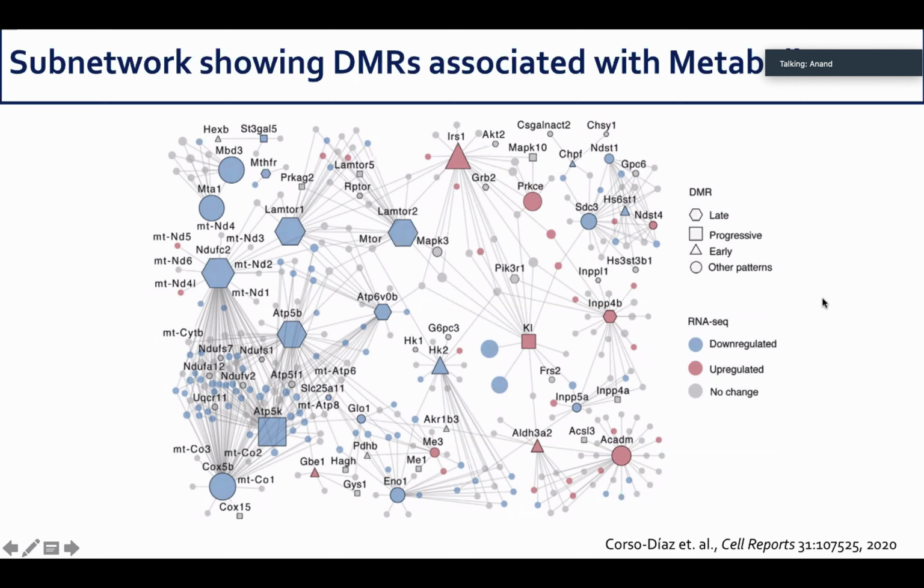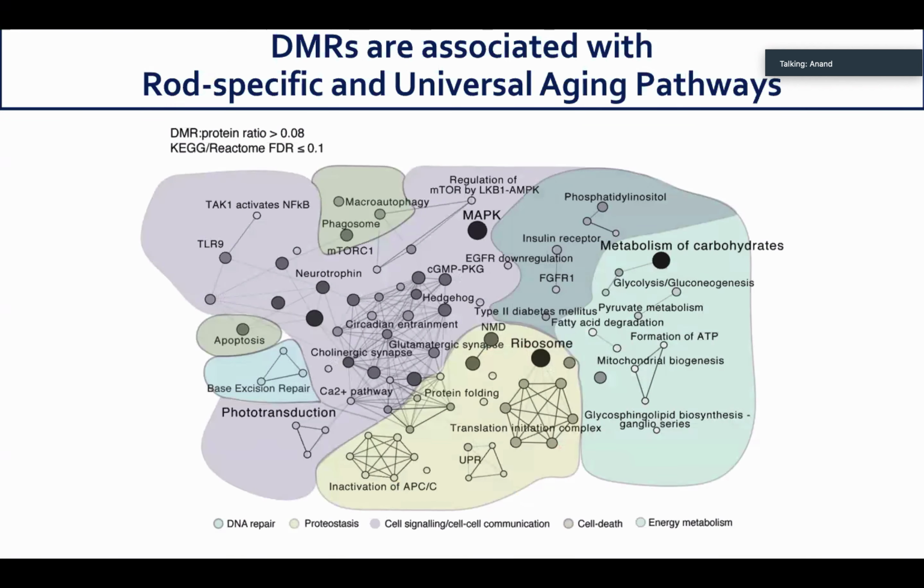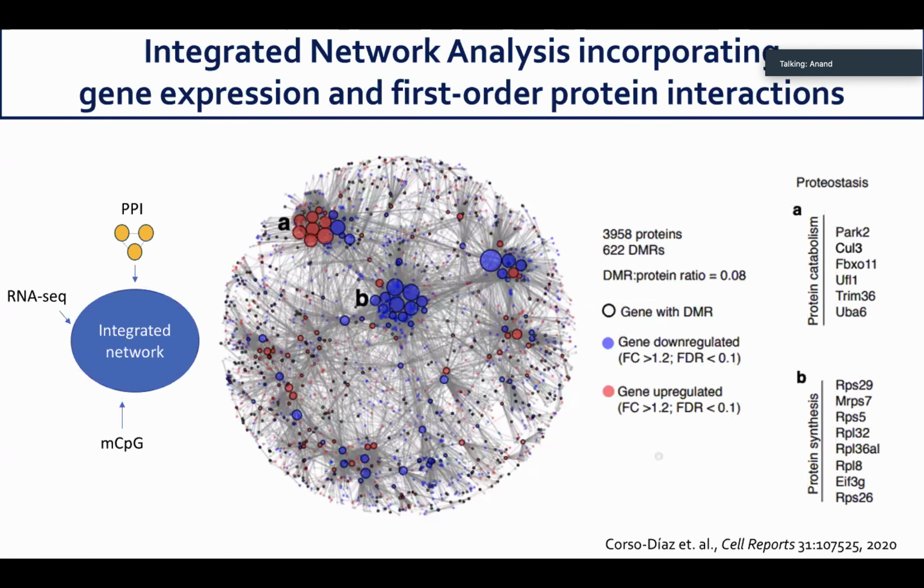There are more, so don't get me wrong. If you go here or here, you can pull out many other pathways. Some of these are related to synaptic remodeling, which I briefly mentioned, and some are related to proteostasis, which I think is another very important pathway related to aging.